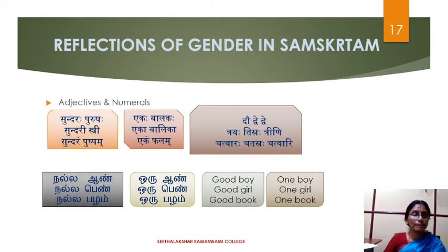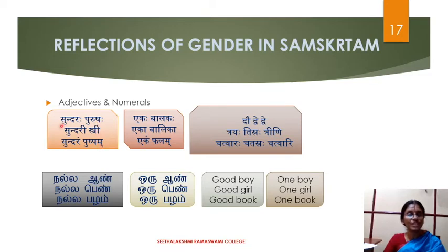Here we have instances of adjectives serving as gender markers in Sanskritam. Purushaha, Stri, Pushpam are the nouns: man in masculine, woman in feminine, flower in neuter.